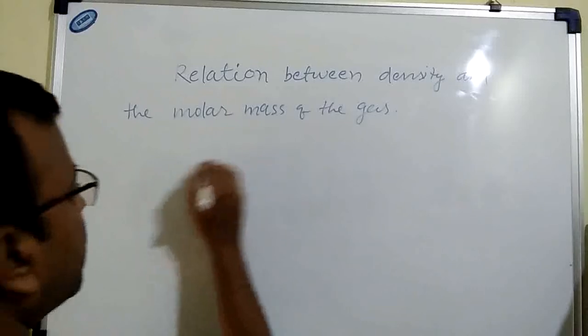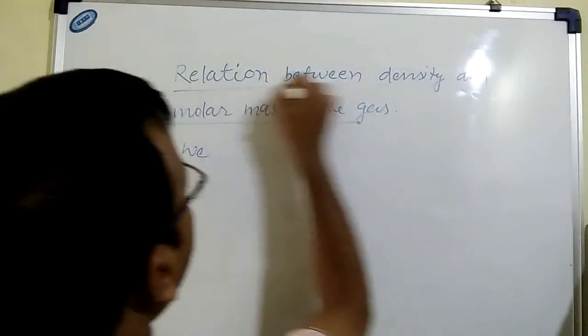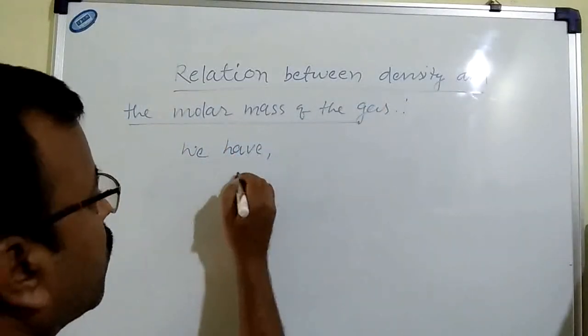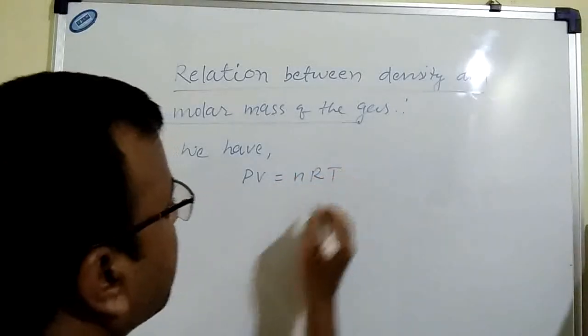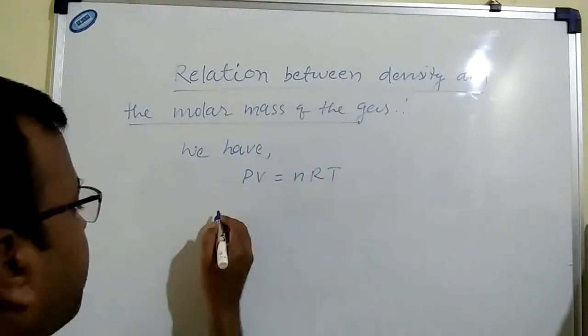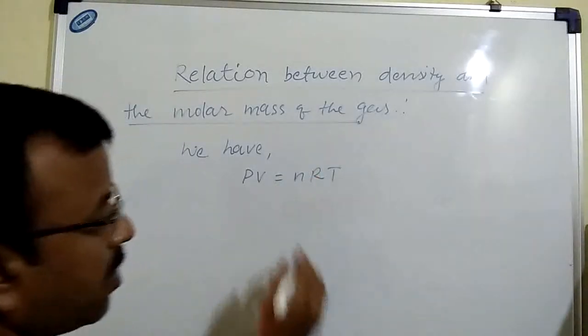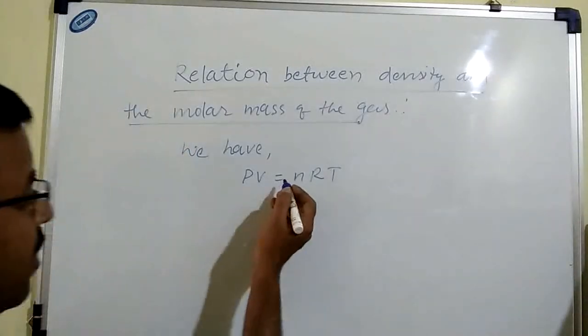Here see, you know this relation PV is equal to nRT. Now we can write, what is n? n is the number of moles. The formula for number of moles is mass in gram by molar mass.